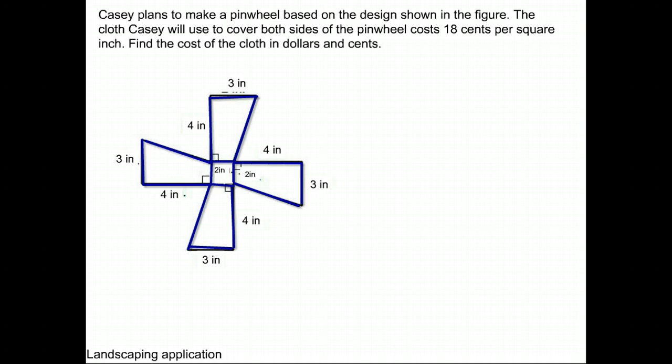We have 4 trapezoids, and then in the middle, you're right, we have a square. Let me paint the square in pink there in the middle. Okay, so if we find the area of just one trapezoid, and then find the area of that square and add them all together, that will give us our total area and will help us to figure out how much it's going to cost Casey to cover this up.